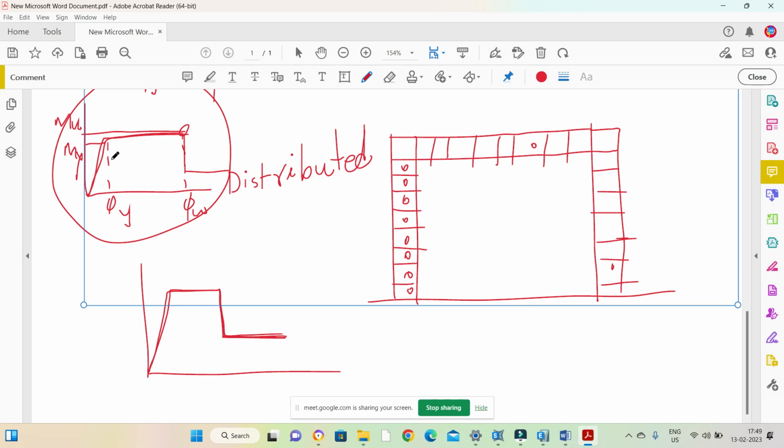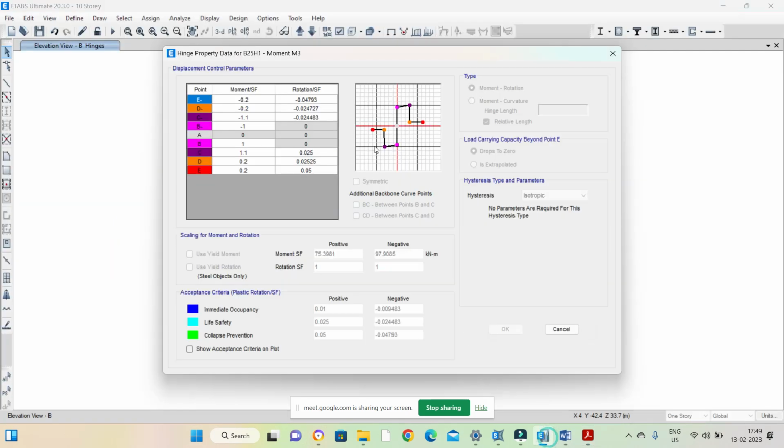So this is similar to what I showed in the moment curvature curve, and this is what is given in code ASC 41-13. This is in the positive direction and this is in the negative direction.